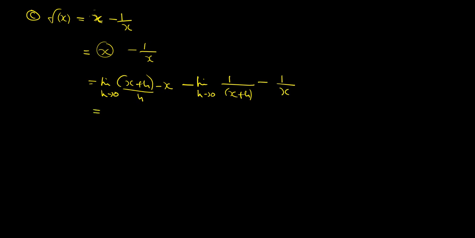So from there we'll say the limit as h approaches 0. Then this one, once we cancel the brackets there, you'll find that you will remain with h over h, which will give us, we'll come to that. Then minus the limit. So here what is happening is that everything is divided by h.